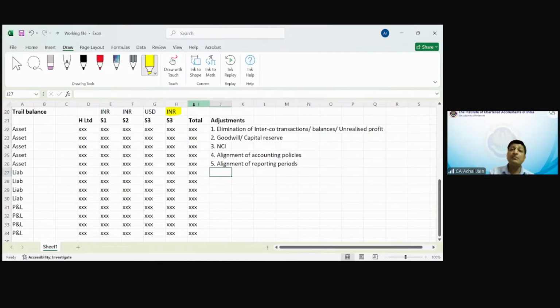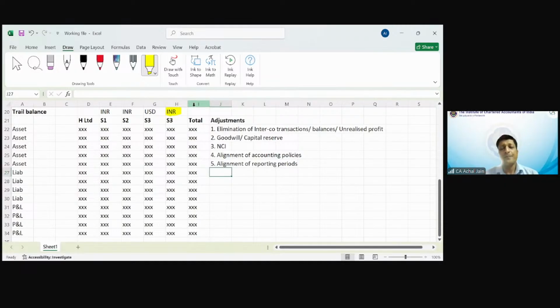But within those 3 months, if there are any subsequent adjustments, those should have been incorporated by the company in the consolidated financial statement. That is what the auditor needs to check. Auditor needs to find out whether that has been done by the management or not.